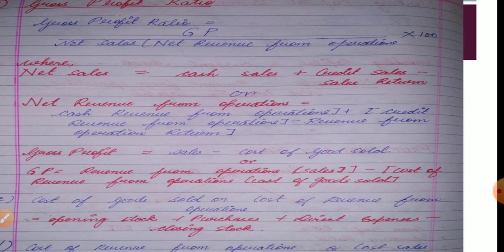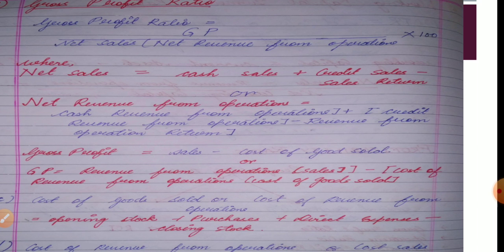Okay, how do you calculate gross profit? Remember that in class 11th, sales minus cost of goods sold. Gross profit is equal to revenue from operation less cost of revenue from operation, that is cost of goods sold.